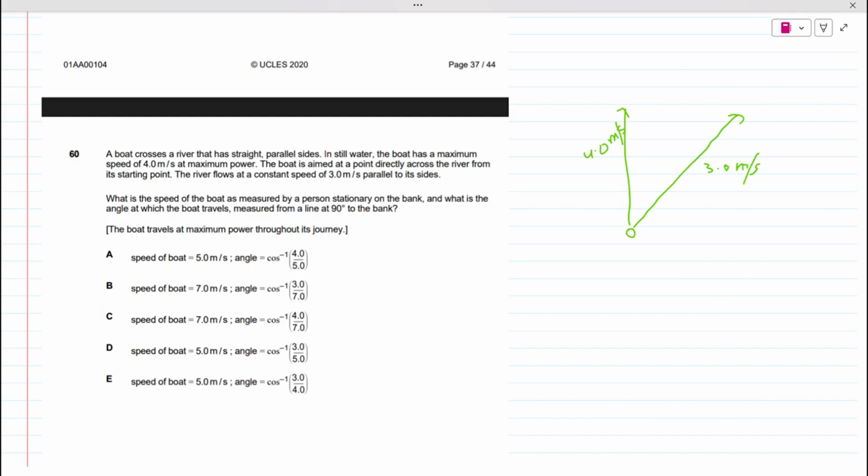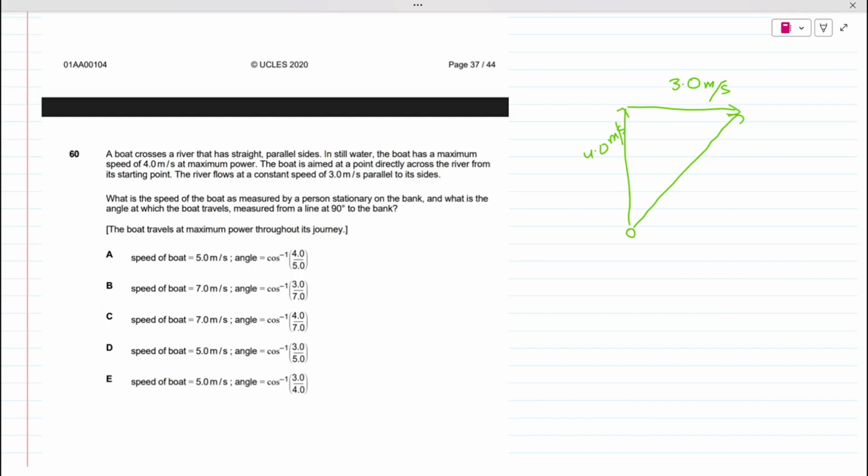What is the speed of the boat as measured by a person stationary on the bank? Oh, sorry, this is not the speed, but that would be the speed, right? 3.0 meters per second. That would be the speed basically.